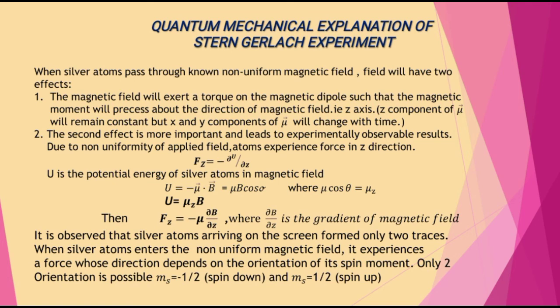Only two orientations are possible. The two possible orientations are given by the spin quantum number Ms equal to minus 1/2, which corresponds to spin down, and the other is Ms equal to 1/2, which corresponds to spin up. And this is the quantum mechanical explanation of the Stern-Gerlach experiment.